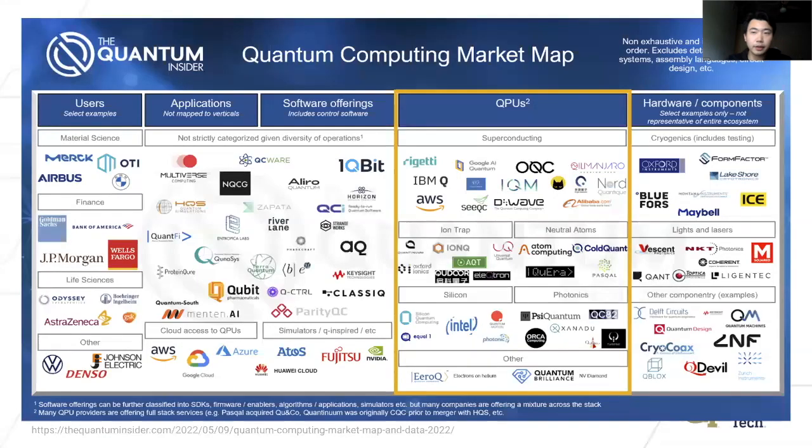So this is kind of the market map, and we can look at how many people are working on each. There are many people working on superconducting design, and fewer people working on ion traps. And there are other platforms I didn't introduce, but photonics and neutral atoms are also promising, and they're gradually catching up.